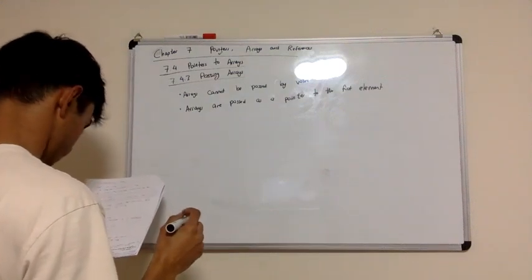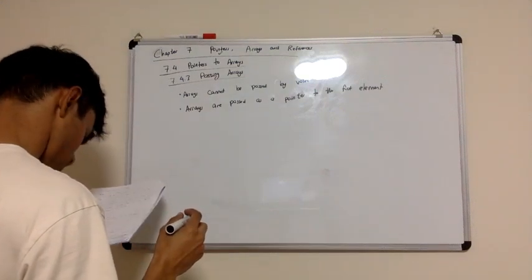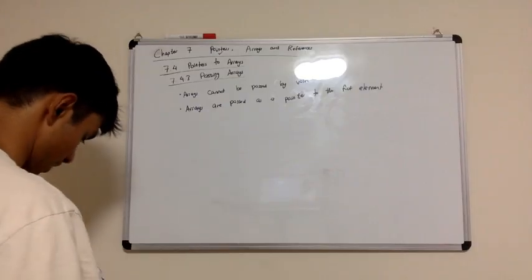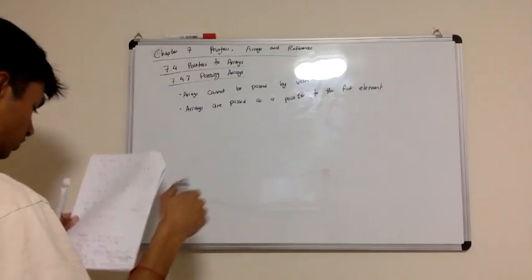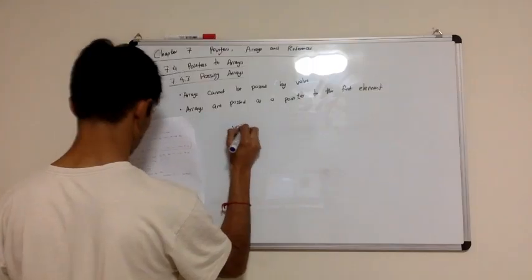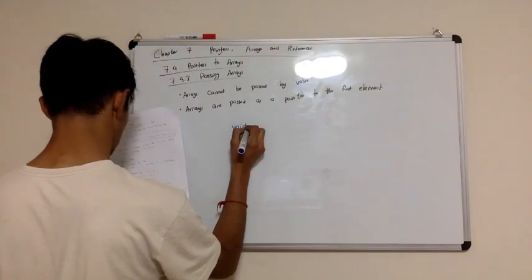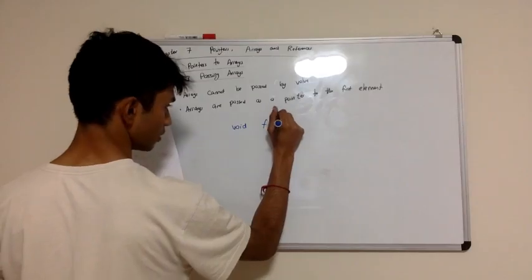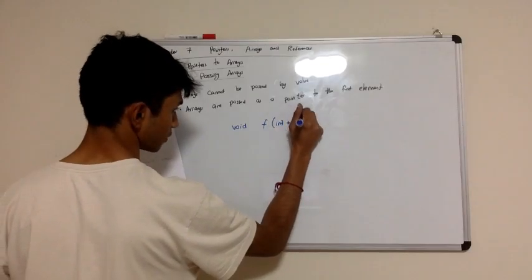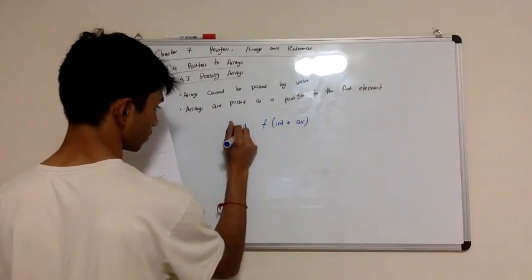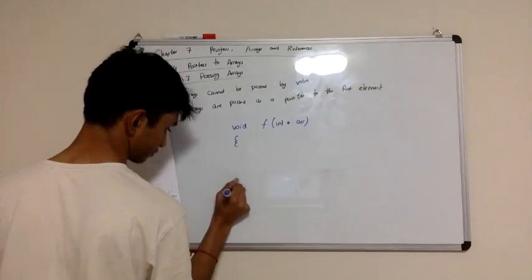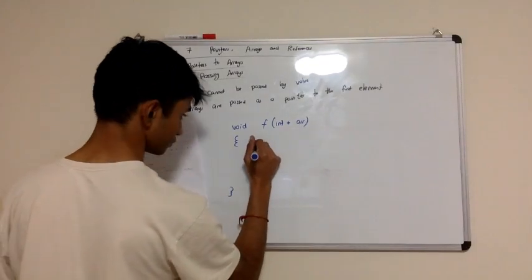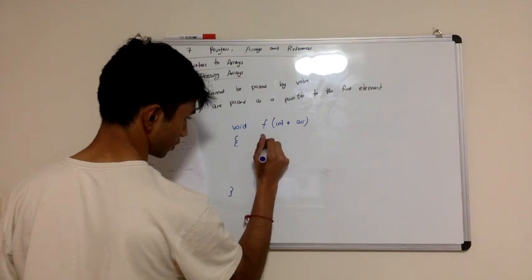So let's say I have something like void f, int star array. And so we'll do a bit of a for loop.